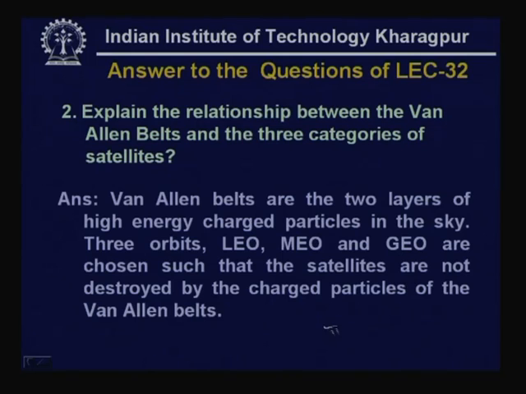We have seen there are two layers of Van Allen belts, and there are three orbits: LEO, MEO and GEO, which are positioned above or below these layers. They are chosen in such a way that the satellites are not destroyed by the charged particles of the Van Allen belts. So this is the relationship between the different types of orbits and the Van Allen belts.